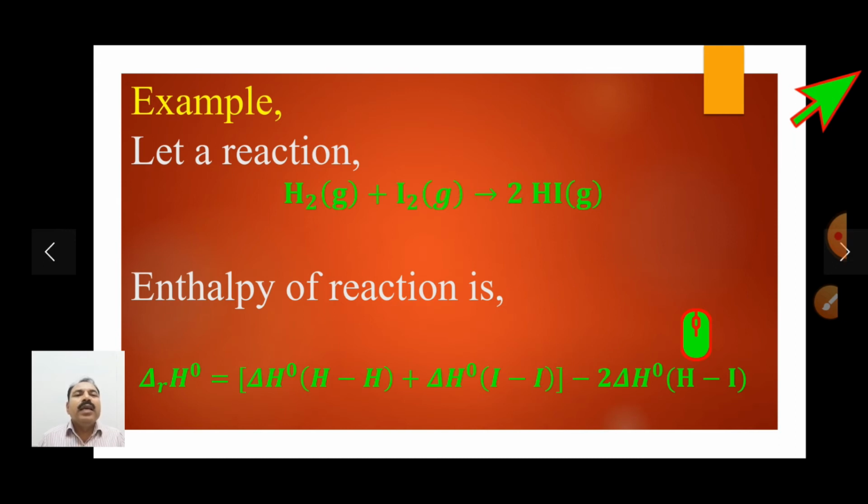The enthalpy of this reaction, delta rH0, is equal to, in square brackets, delta H0 of H single bond H plus delta H0 of I single bond I, square bracket close, minus 2 delta H0 of H single bond I. By using this equation, the standard enthalpy of reaction is calculated from the bond enthalpies of H2, I2 and HI in this reaction.